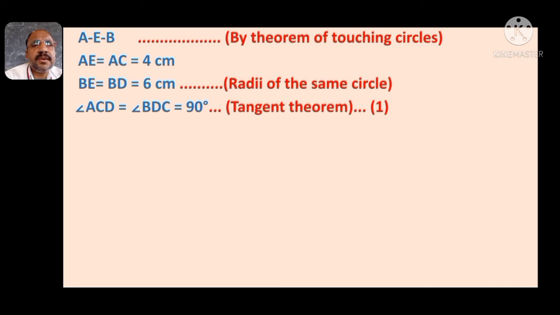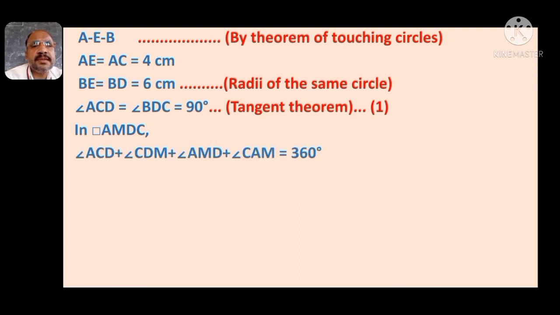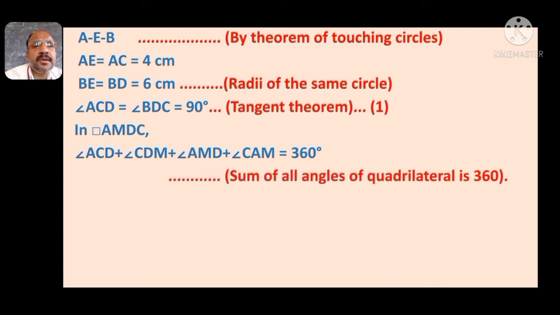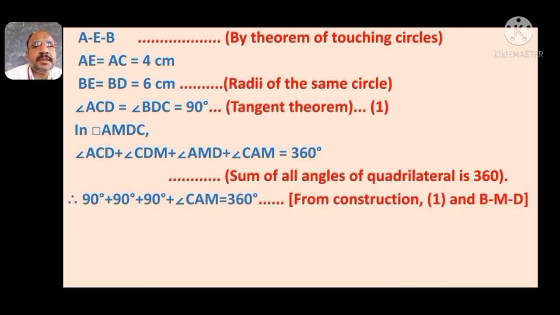Angle ACD is equal to angle BDC, which is equal to 90 degree according to the tangent theorem, equation number first. In quadrilateral AMDC, angle ACD plus angle CDM plus angle AMD plus angle CAM is equal to 360 degree according to the sum of all angles of a quadrilateral is 360 degree. Therefore, 90 degree plus 90 degree plus 90 degree plus angle CAM is equal to 360 degree from construction and first.